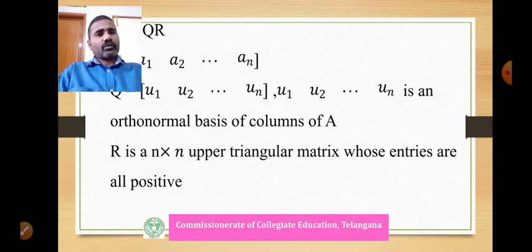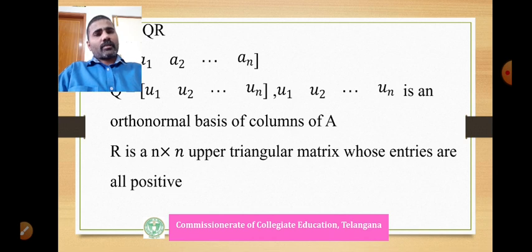That means A1, A2, An are linearly independent vectors. They form a basis of column A. Now we construct the orthonormal basis for column A by using the Gram-Schmidt orthogonalization process.